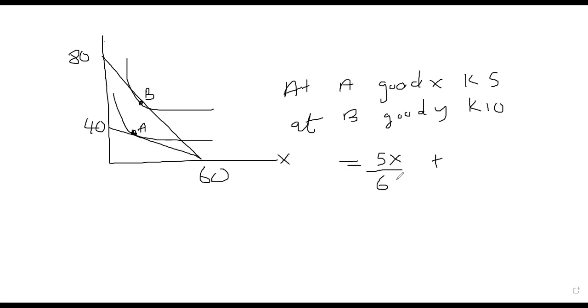So put 60 there. To find the figure here, we multiply 5 times 60 to get 300. At Y, it is cutting at 40, so we put 40 there.